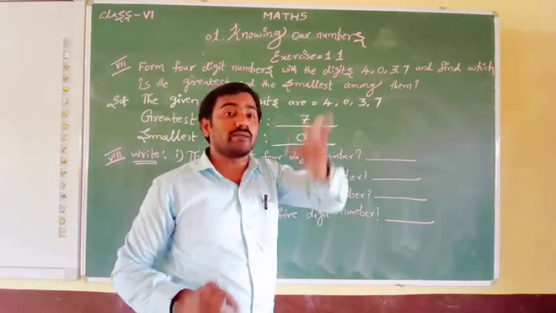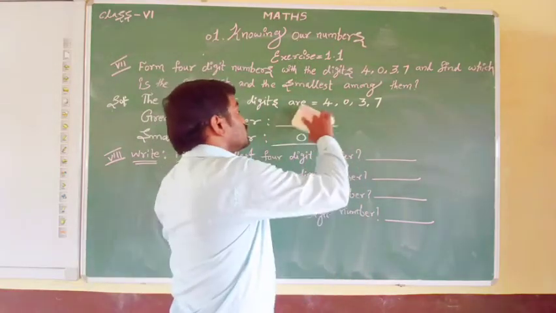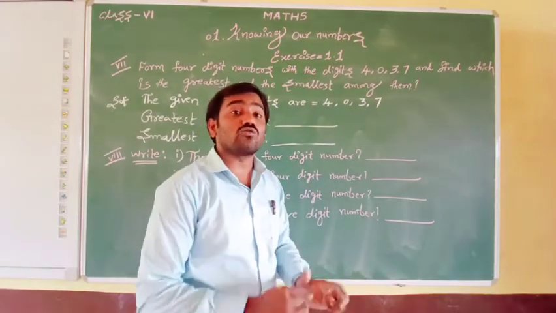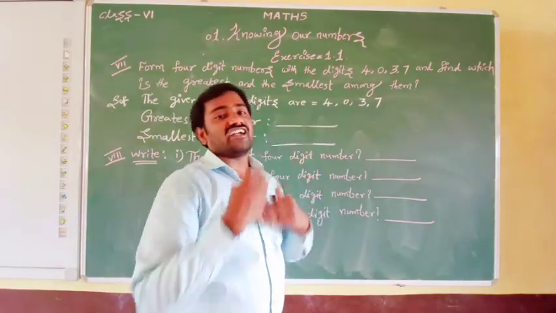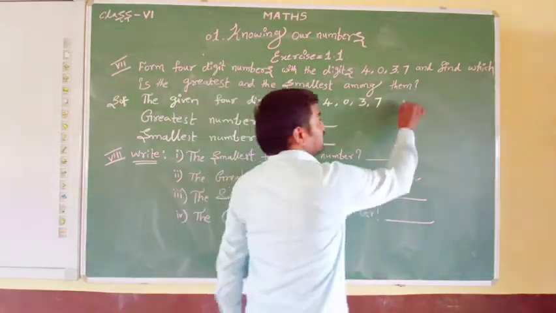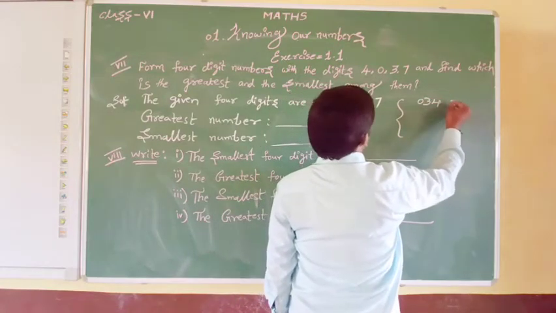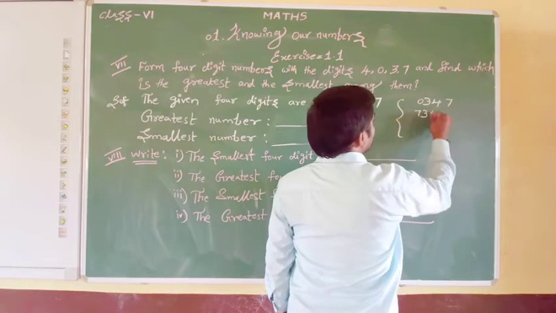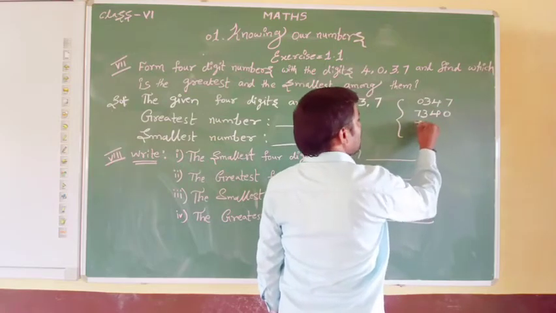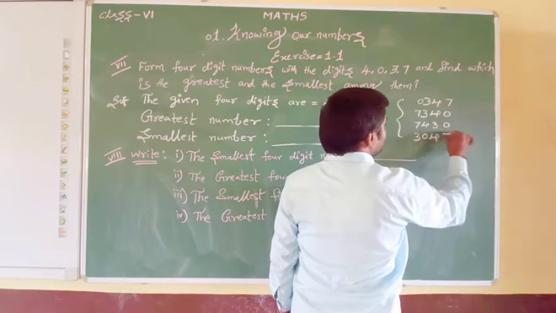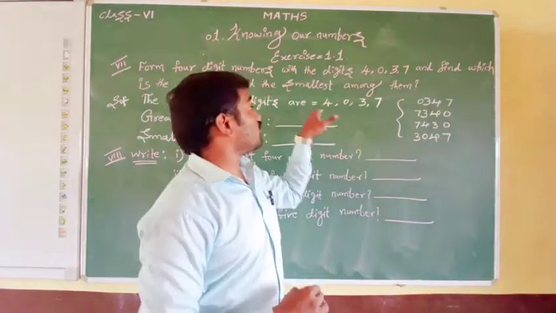But they ask you to write the numbers. That means by using these 4 digits, we have to make the greatest number and smallest number. See, I can make many numbers here: 0, 3, 4, 7; 7, 3, 4, 0; 7, 4, 3, 0; 3, 0, 4, 7. I can make many numbers by using only these digits.